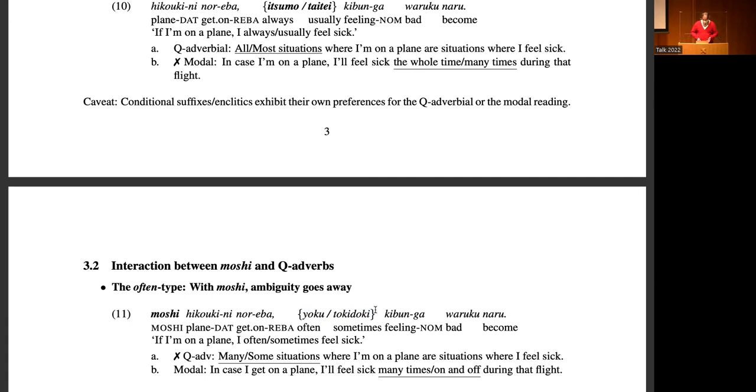But what you have here is most situations in which such occurs are also situations where something else occurs. That's talking about non-minimal situations. The problem I have is that means you're quantifying basically over worlds, and I don't know how to determine whether most worlds have such a property when worlds get into infinities of infinities of infinities.